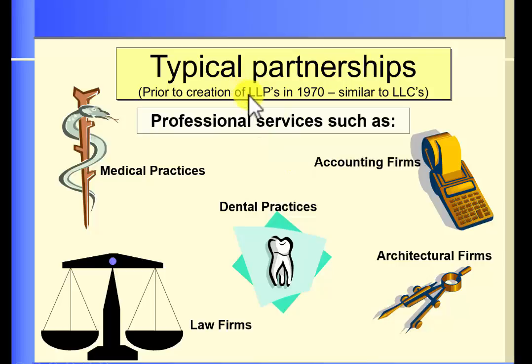Another version of that is limited liability partnerships. As soon as this business entity came into existence, all of the various partnerships went to that because it protected the individual partners from lawsuits and debts of the business. But we'll talk more about those later. Right now we're talking partnerships.